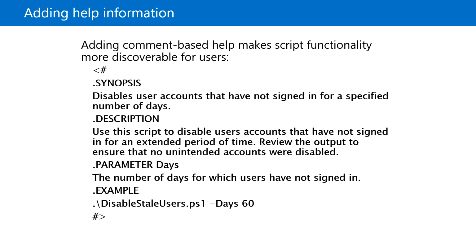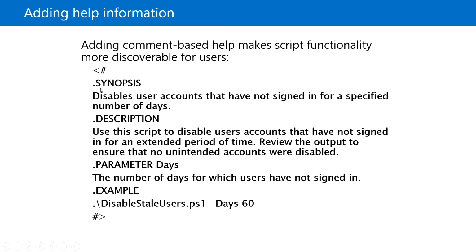We specify it using the block comment, which starts with the less than symbol and pound sign, followed by the text, and ends with the pound symbol and greater than. Within this block comment, keywords define the sections of the help information.